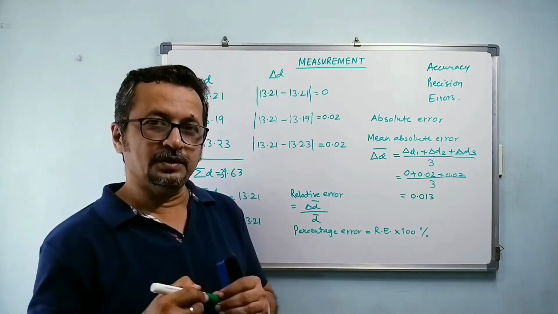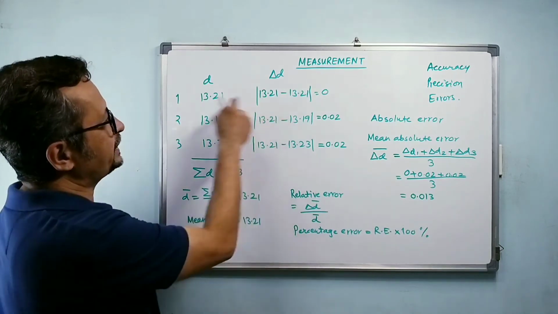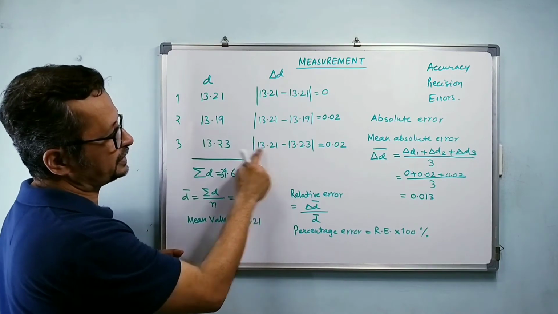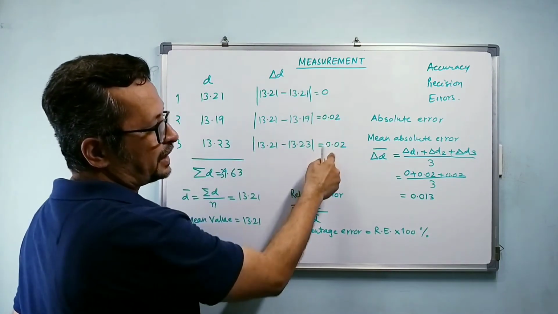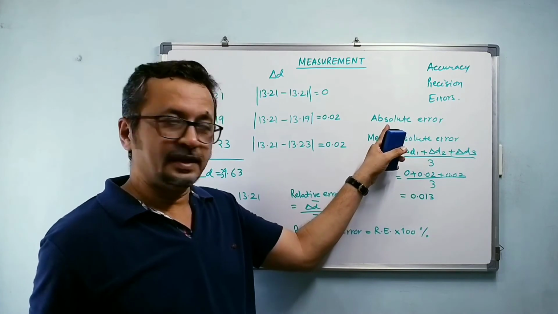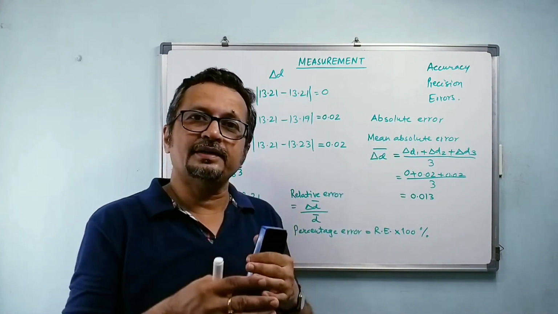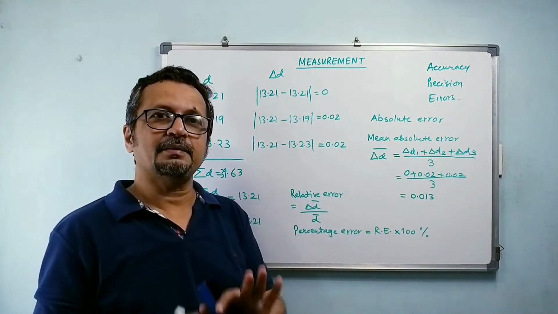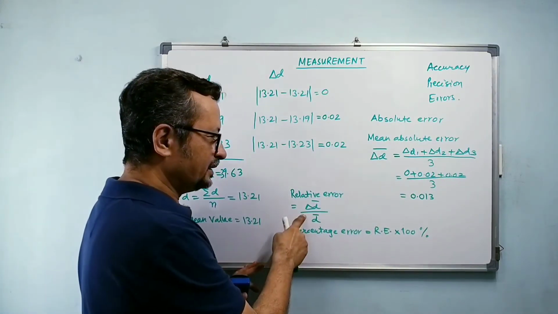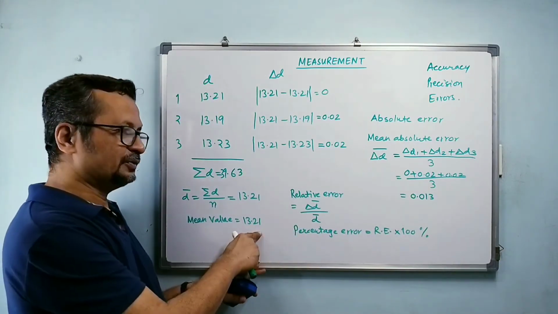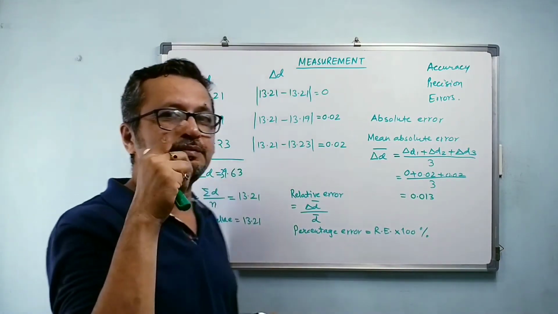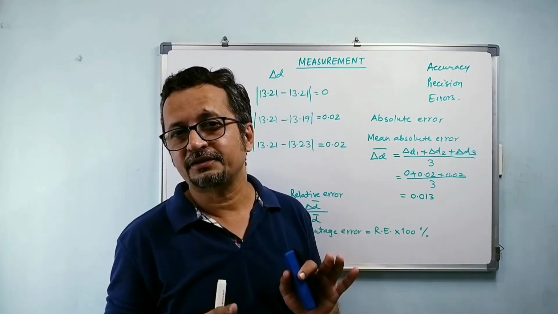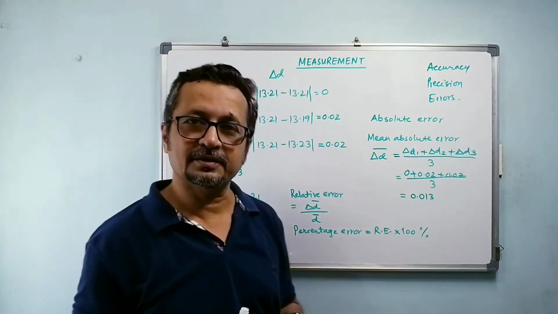Now from this mean value I subtracted each individual reading, 13.21 minus 13.19, 13.21 minus 13.23, and I got my absolute errors. After the absolute errors, I find the average of that. That gives me the mean absolute error. After getting my mean absolute error, I divide it by my mean value. So that gives me relative error, and when I multiply relative error by 100, that gives me percentage error.